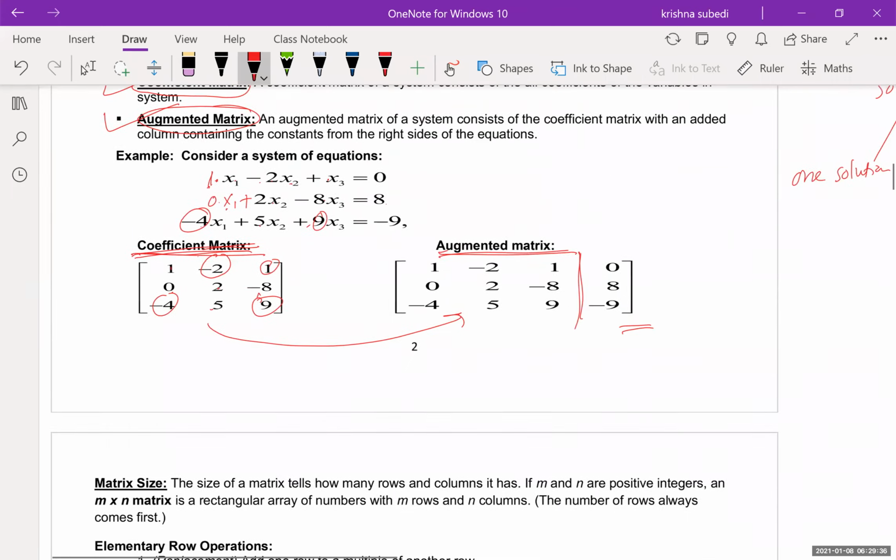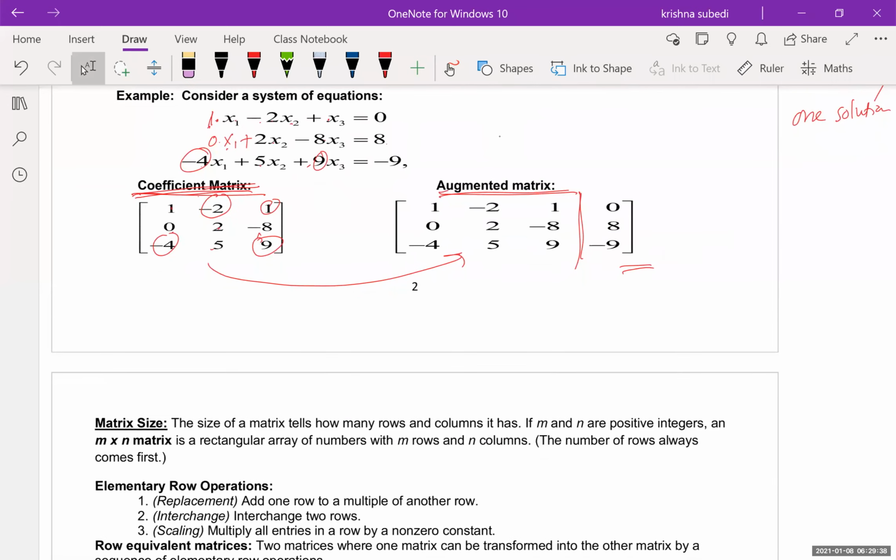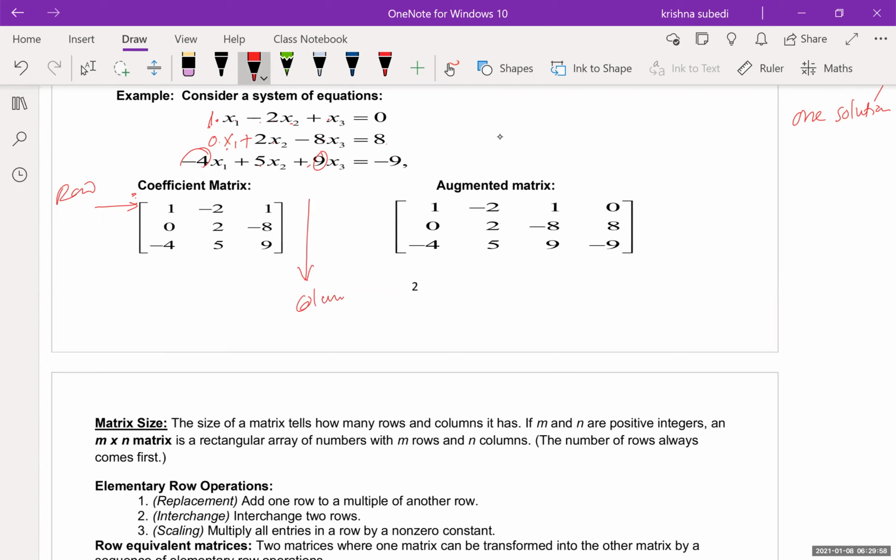Now, matrix size. How do we determine the size of the matrix? Now look at this. This horizontal part is called a row, and the vertical is called a column of the matrix.